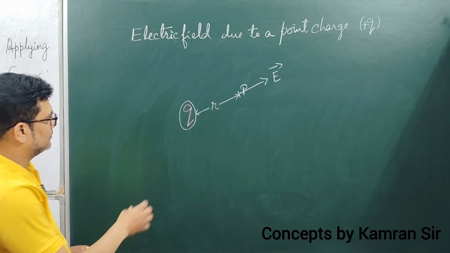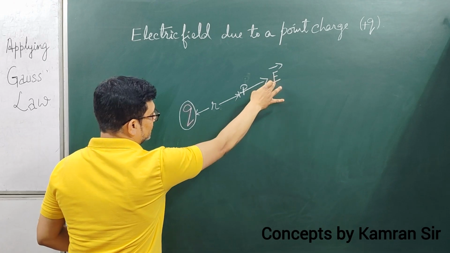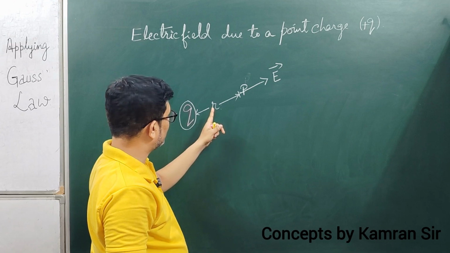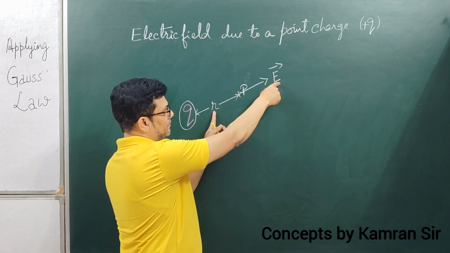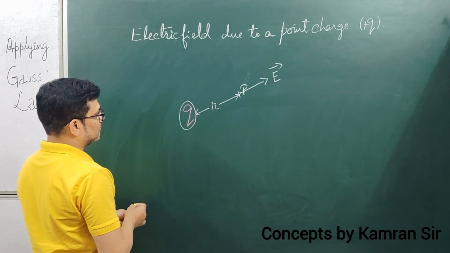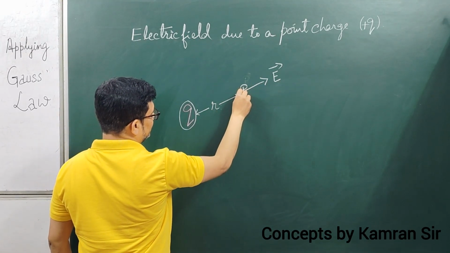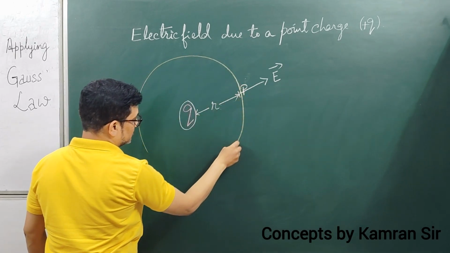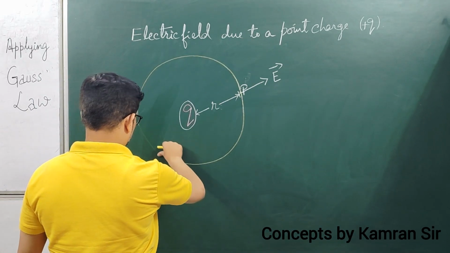If we imagine this electric field in this space, we know from our understanding that if r is constant, the radius remains constant, the value of the electric field is going to be the same everywhere. So we draw our Gaussian surface so that r is the same, and that is only possible if we draw a spherical Gaussian surface, like this, right?